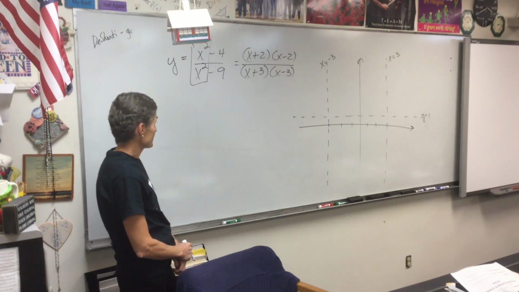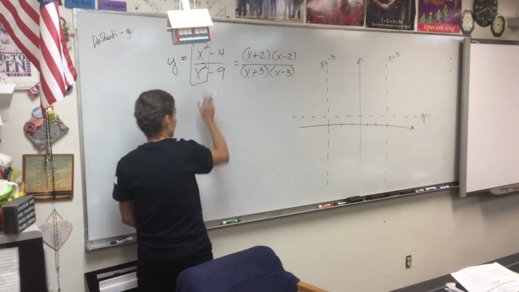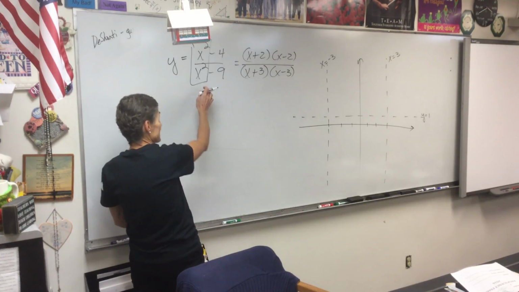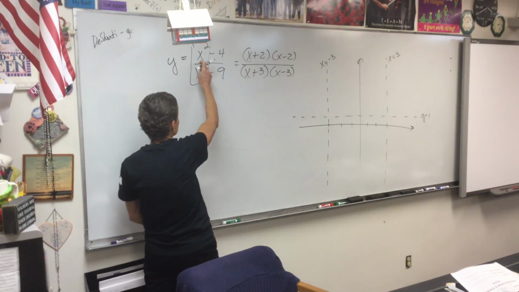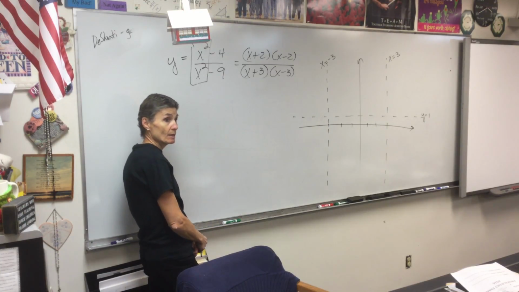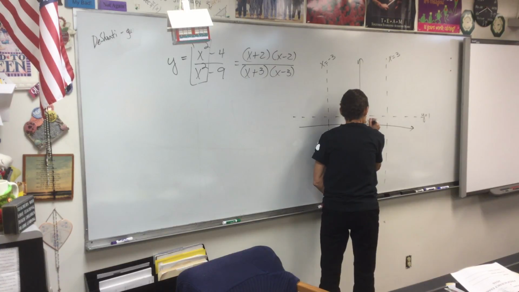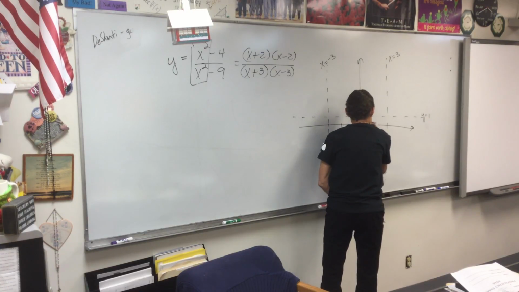I gotta let x equal 0. All right. Now you can let x equal 0 here or here, whichever you prefer. Might be easier here. If you put in zeros, you have negative 4 over negative 9, which is 4 9ths. So I have a y-intercept at 0, 4 9ths.